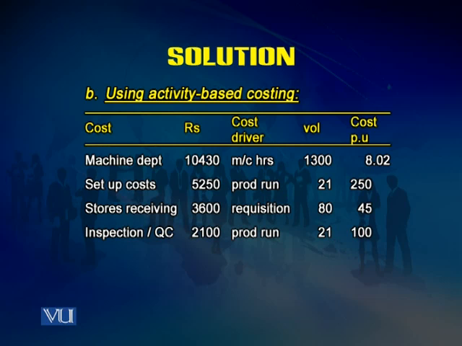Inspection and quality control, 2,100 the overhead cost, 21 the number of production runs, and 100 is the cost per unit. Material handling, 4,620. The cost driver were the number of orders. We were told there are 42 orders, and therefore the cost per unit for material handling is 110.